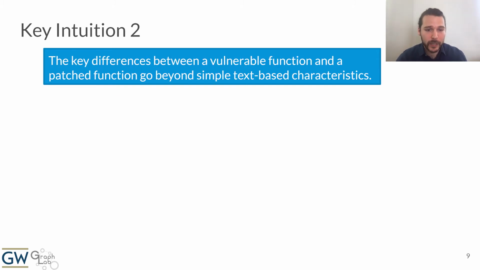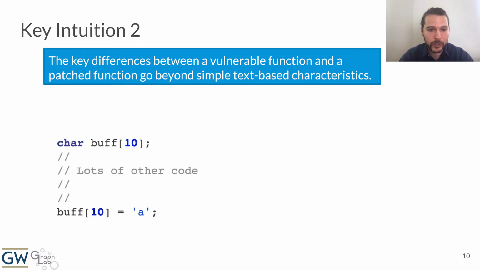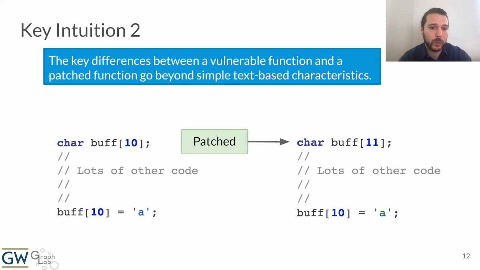This leads to the second key intuition, which is that the key differences between a vulnerable function and a patched function go beyond simple text-based characteristics. To explain that, let's again look at a simple code example. In this case, a very simple off-by-one style buffer overflow. A simple patch for this would be to just increase the size of the buffer by 1 byte.